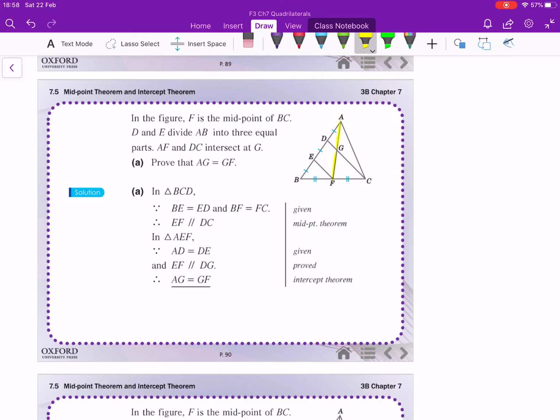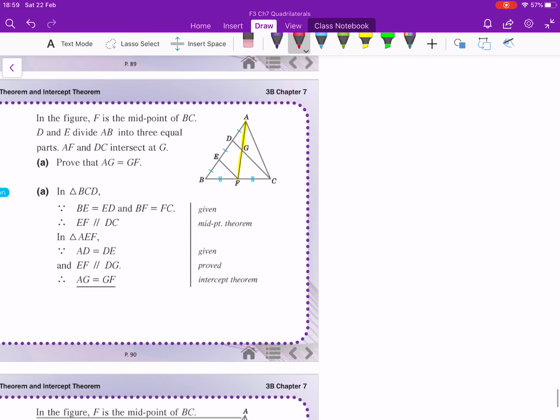Can you see the color? These two parts should be the same. So how can you prove it? You have to do it in this way. As I usually use the stronger version, maybe I can rewrite the solution. For the first part, we can focus on this triangle.